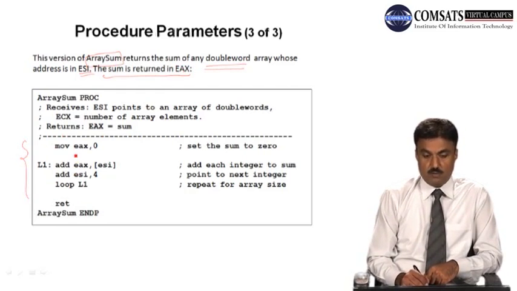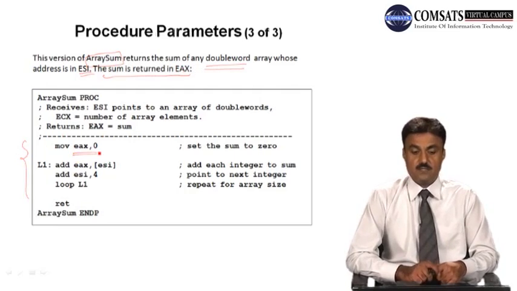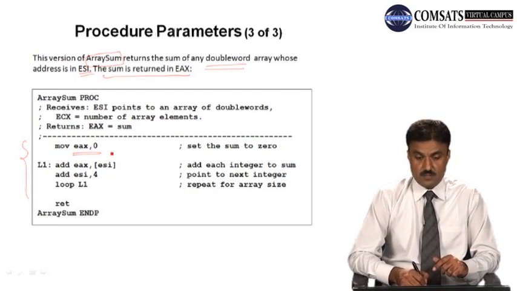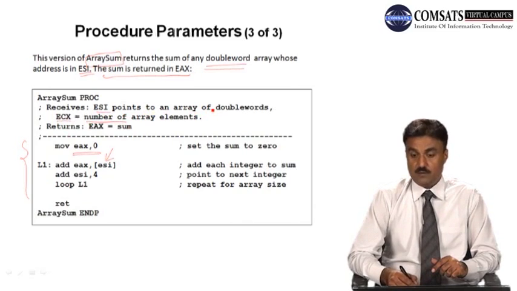What we do is we only remove the EAX, and we know that ECX must have the number of array elements, and ESI must point to the array of double words.